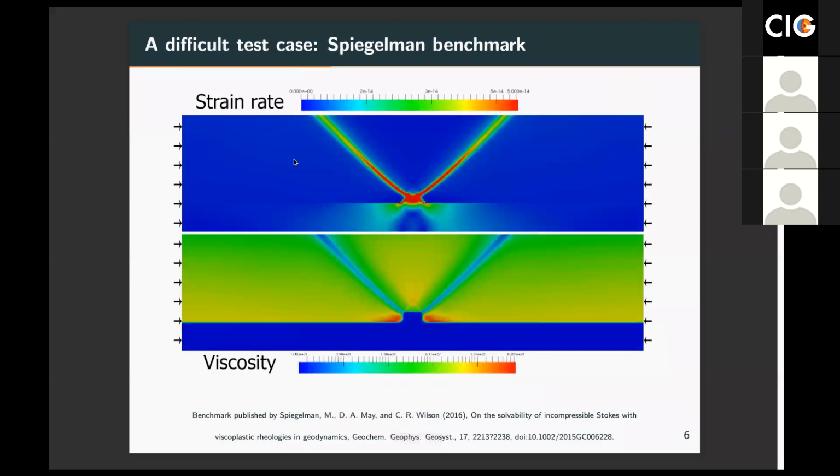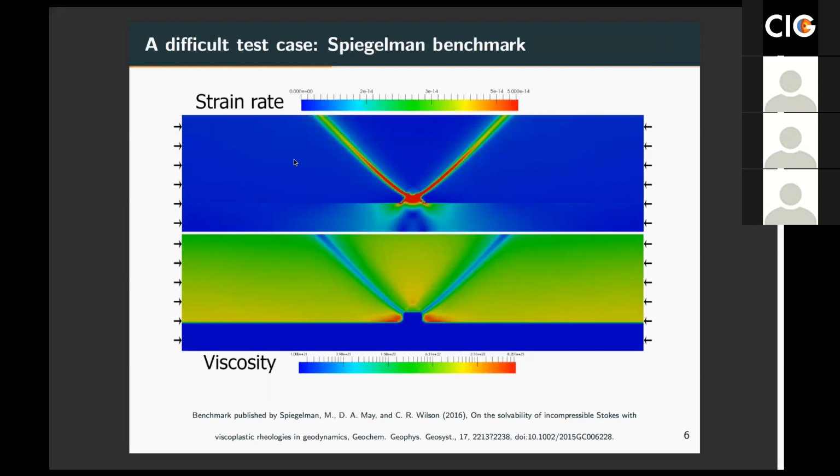So to show you how this works and what you can expect from the Newton solver, I will show you two different cases. One, a test or benchmark case, and the other one is a more real-life 3D model, on which we tried our Newton solver. So let's start with the benchmark, which is published by Spiegelman.